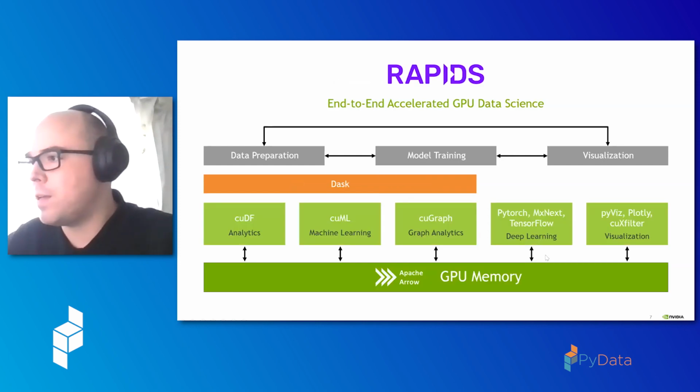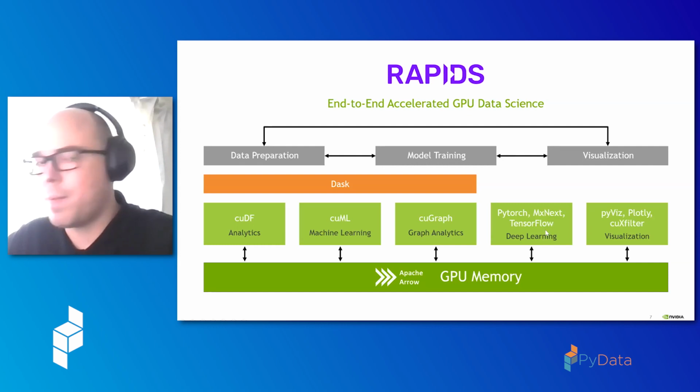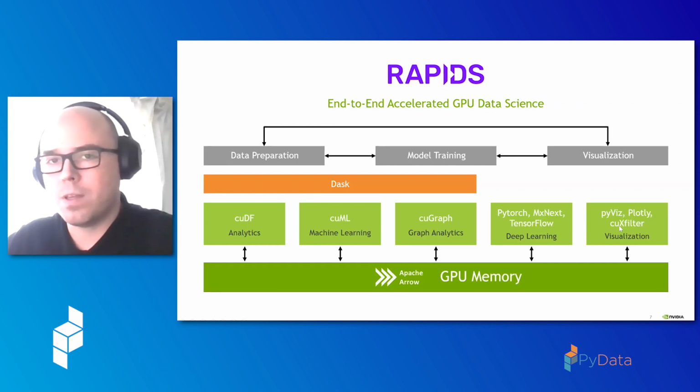And we were working hard on integration with other utilities such as PyTorch, MXNet, and TensorFlow, as well as creating GPU-accelerated visualization toolkits, and I'll discuss some of them, such as cuXFilter, throughout the talk as well.